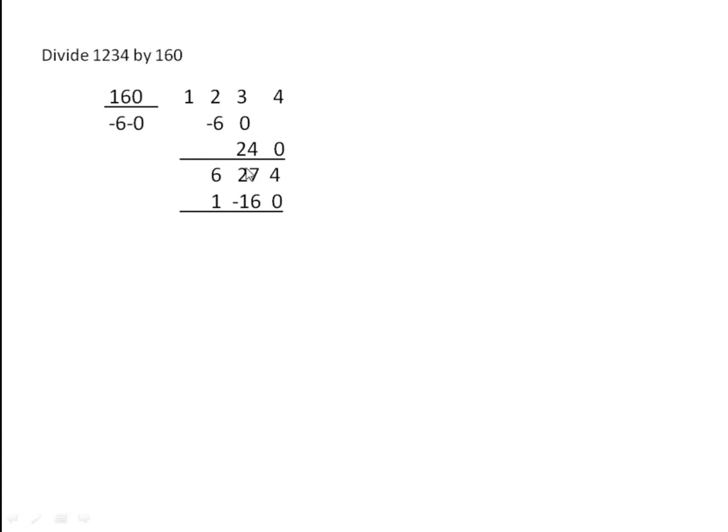So we are going to reduce 160 from it, and our actual quotient is 7 and actual remainder is 114. So whenever we get a remainder which is more than the divisor, we either divide it once again or we simply subtract the divisor from it.